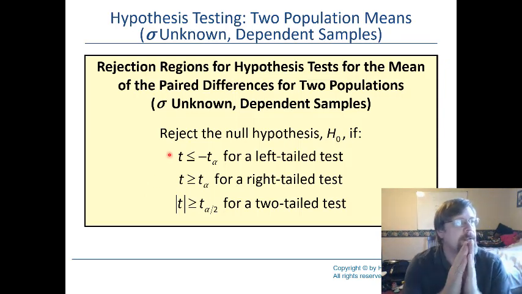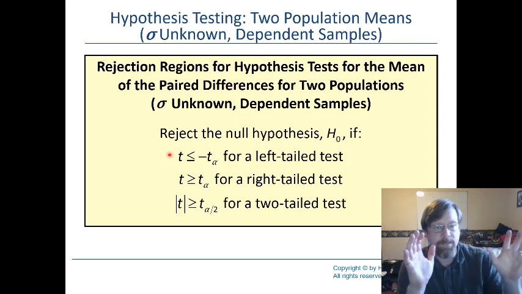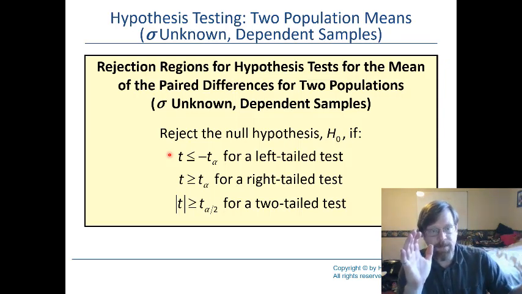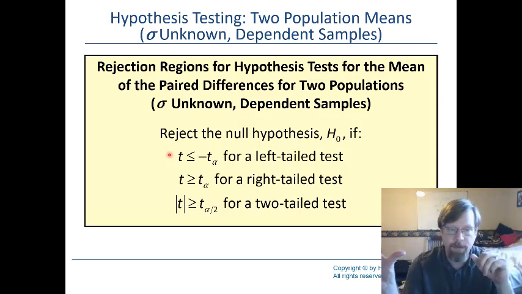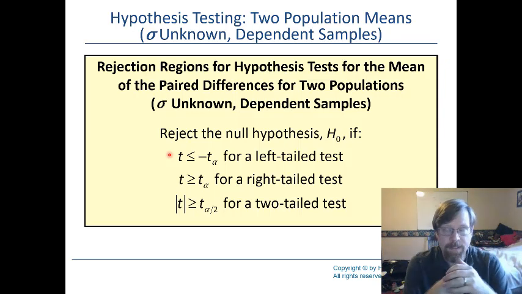Sorry, I misread this. This is the rejection criteria, not the how to tell. So if we're looking for it to be less than a value, it's a left-tailed test. If we're looking for it to be greater than a value, it's a right-tailed test. And again, if we're looking for it to be equal to a value, it's going to be a two-tailed test.